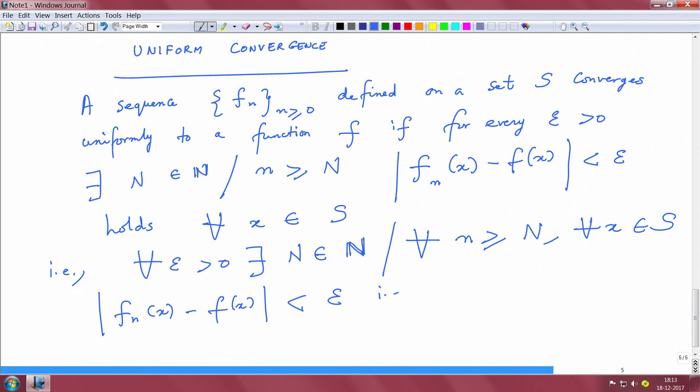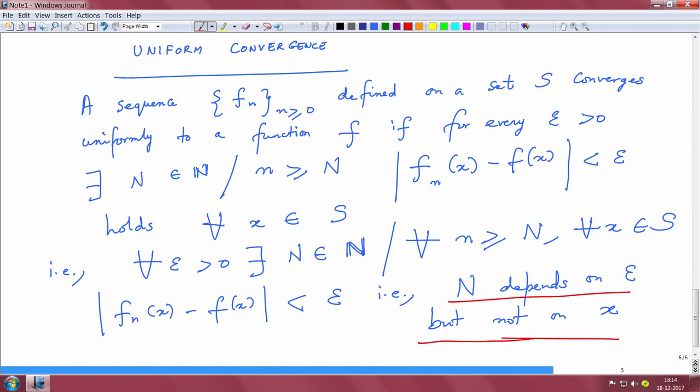That is, capital N depends on epsilon but not on the initial point x. This is a very important difference when we think about uniform convergence versus pointwise convergence.